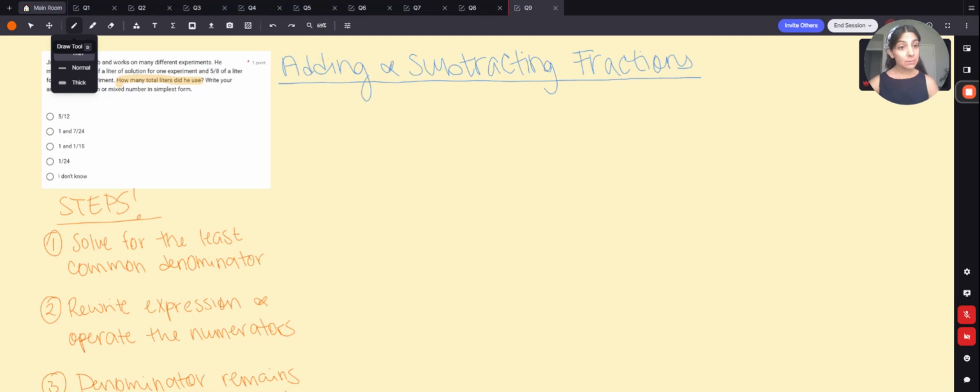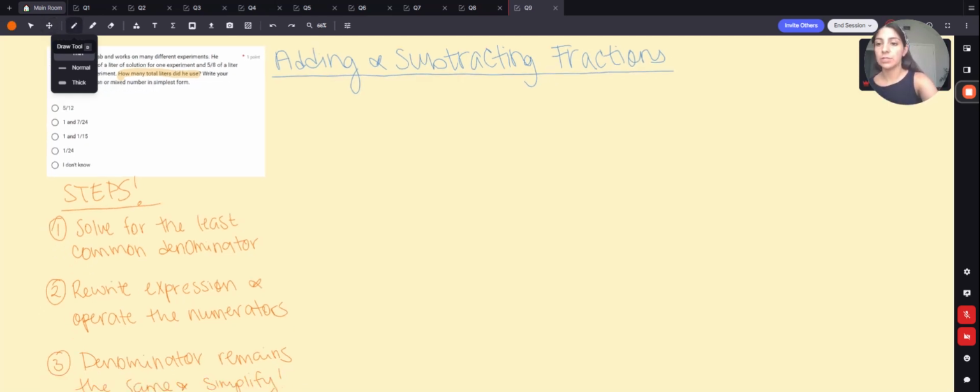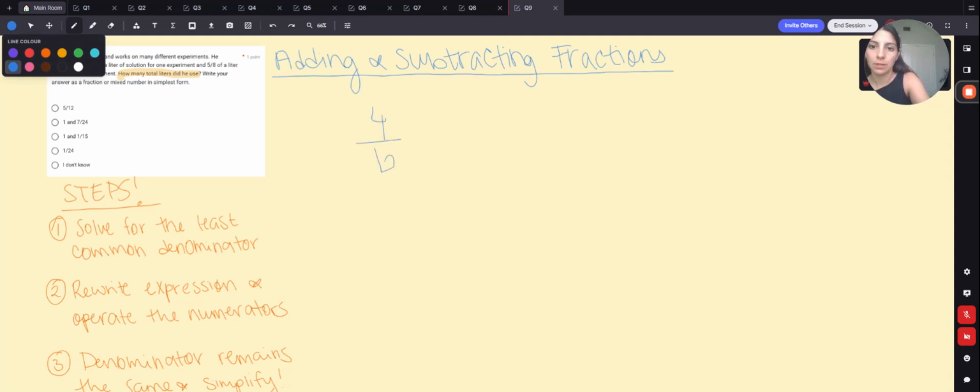When we add and subtract fractions, the steps that we need to follow are first to solve for the least common denominator. In order to add and subtract fractions, we need them to have common denominators. So if we have 4/6 plus 5/8, our denominators are not common.